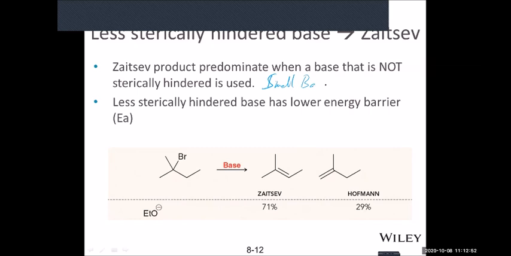Small bases, such as methoxide or ethoxide, are very common strong bases in organic chemistry because they come from cheap alcohols. You just use some sodium metal to react with them to make those bases. Those bases are very small because methyl and ethyl are small alkyl groups compared with many other groups.